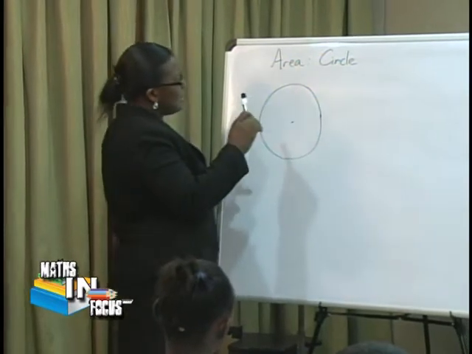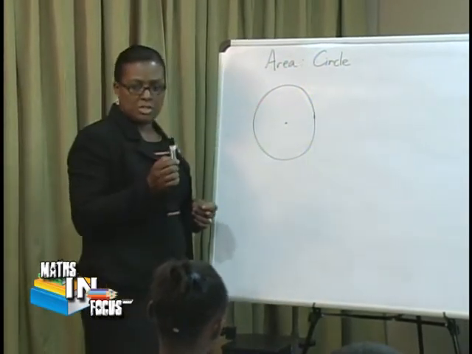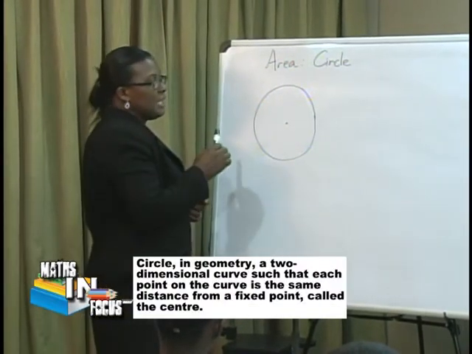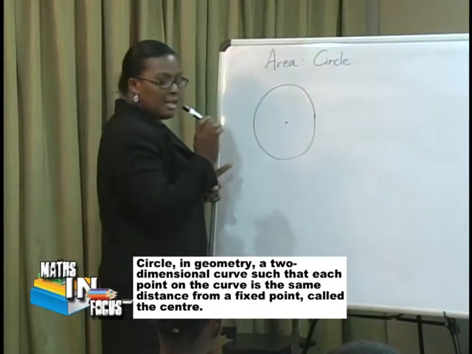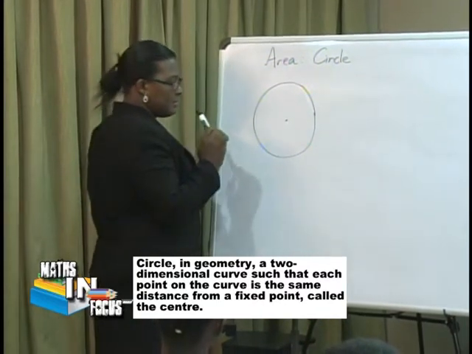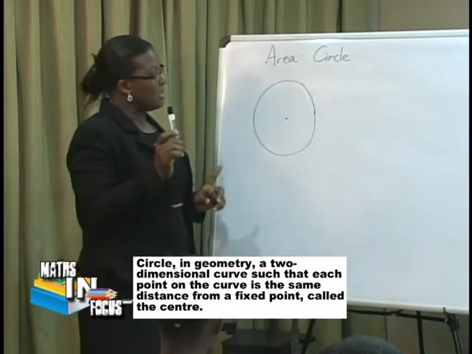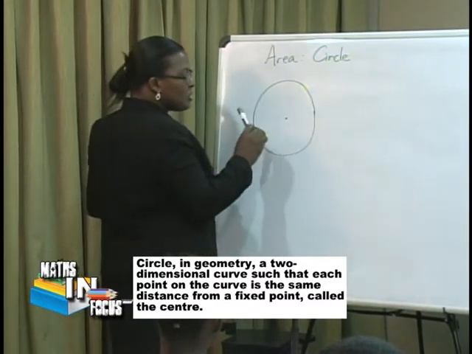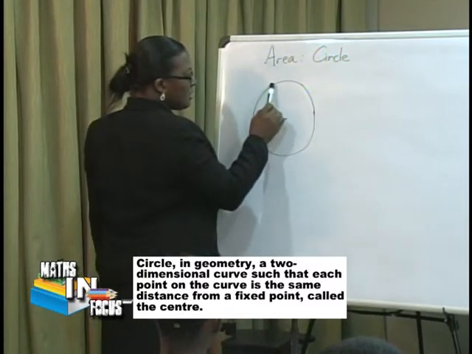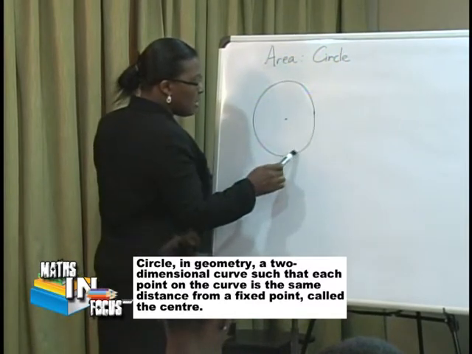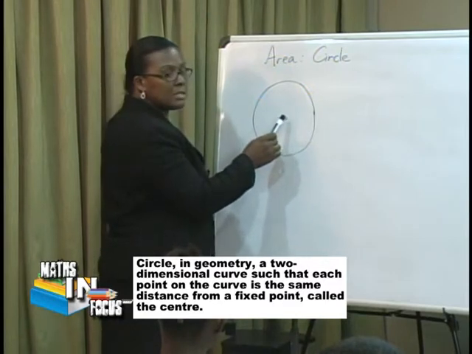A circle is a two-dimensional figure where we have a curve such that every point on this curve has the same distance from another point called the center.